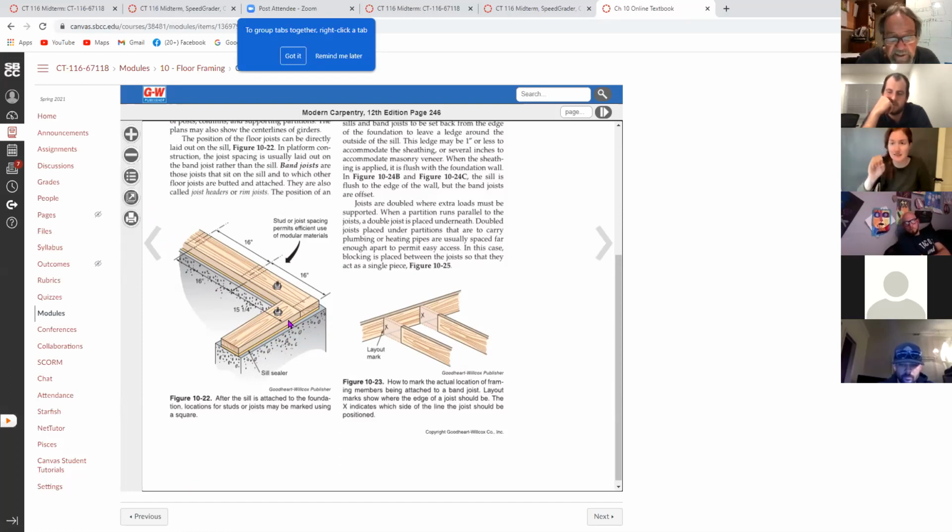There's different ways to do it. This one may be so that they can put the sheathing and maybe the insulation so it rests against the concrete. But you can angle these sill plates, you can tweak them a little bit to make the whole frame square, if the foundation wall itself is slightly out of square. Thank God. Okay.